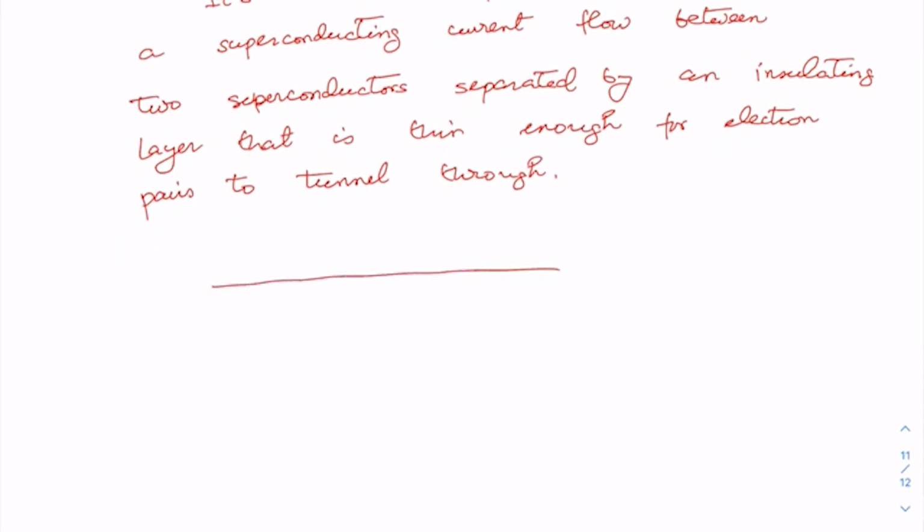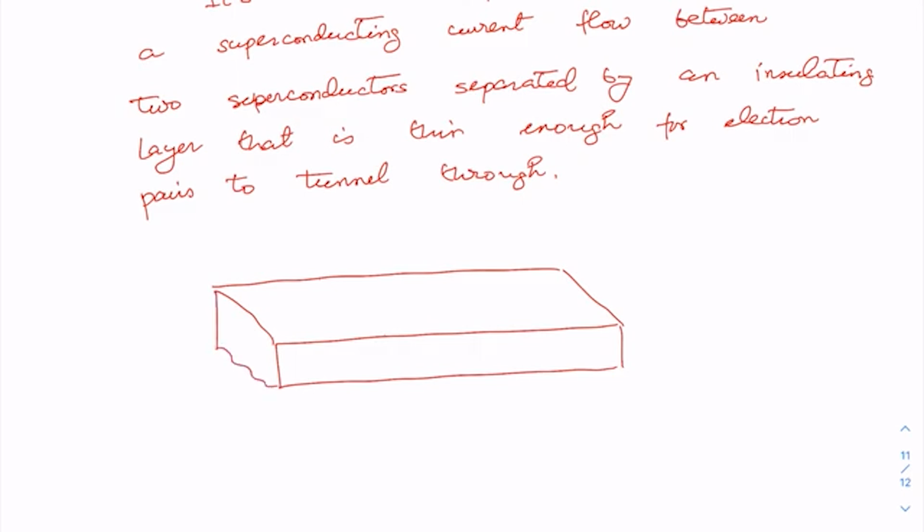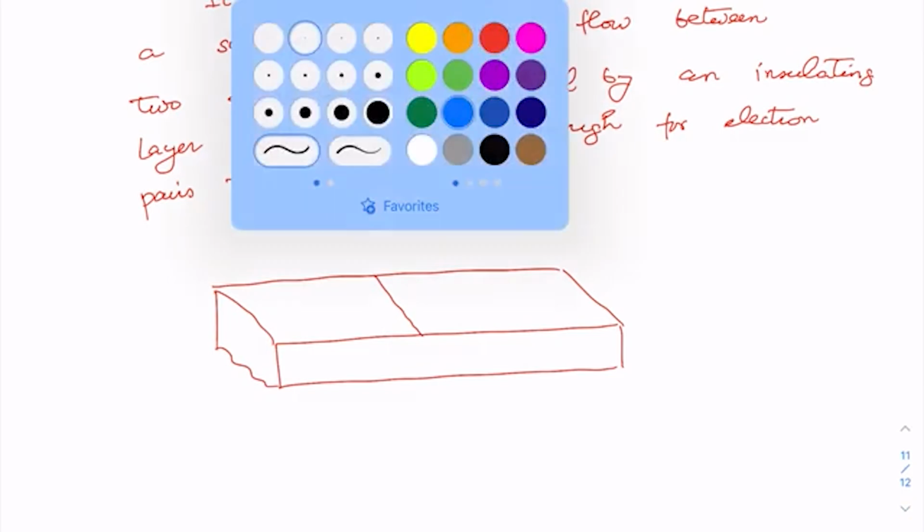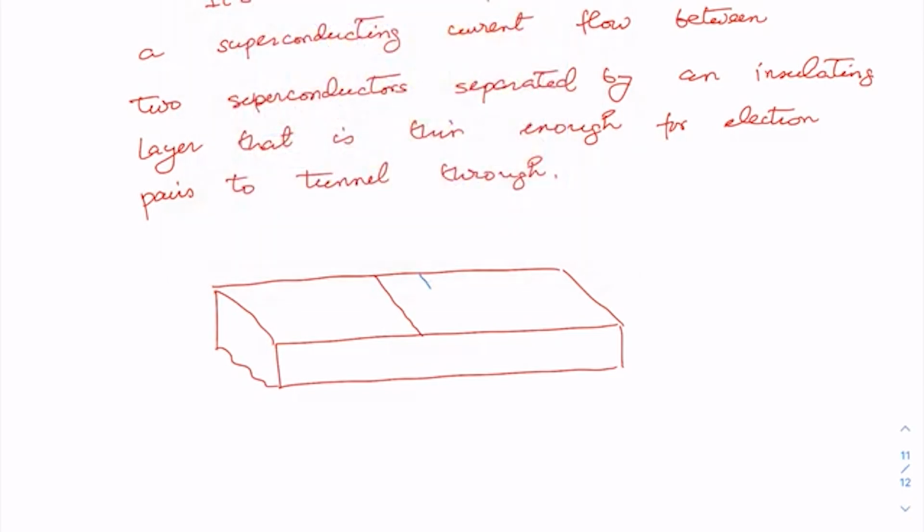So say we have a superconductor like this, and for simplicity, let us consider that there are two superconductors formed by the same material, with the same insulating material. This is the insulator here, and both superconductors are made of the same material and homogeneous on both sides.